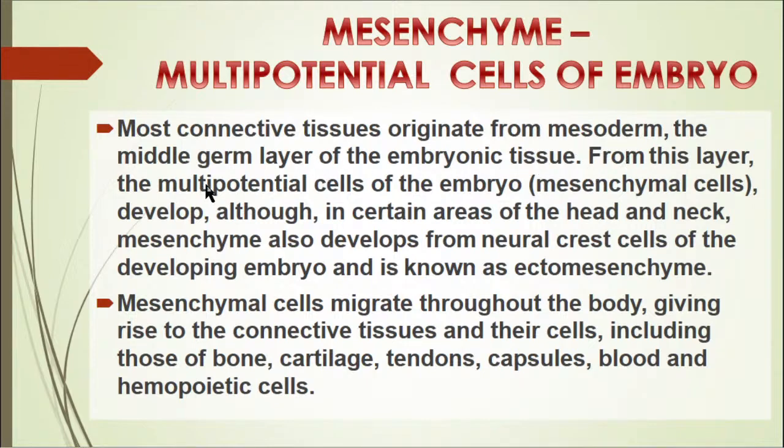From this layer the multipotential cells of the embryo, mesenchymal cells, develop. Although in certain areas of the head and neck, mesenchyme also develops from neural crest cells of the developing embryo and is known as ectomesenchyme.